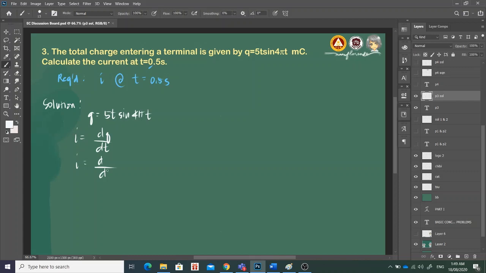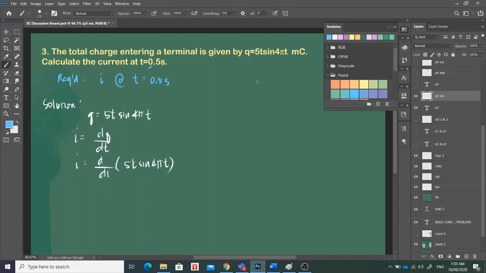So, di-differentiate natin 5t sine 4 pi t. Okay, so kung mapapansin nyo, ang dinidifferentiate natin ay product ng 5t at saka product kay sine 4 pi t. Okay, so represent natin. So let's say this is v, and then yung blue ay yung u natin.